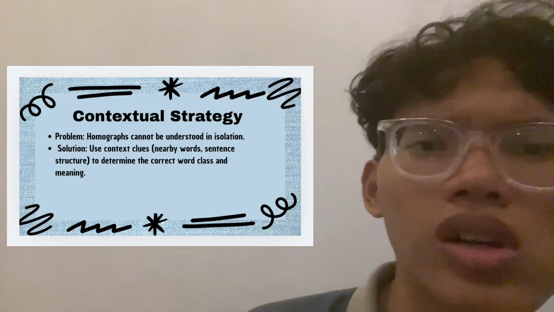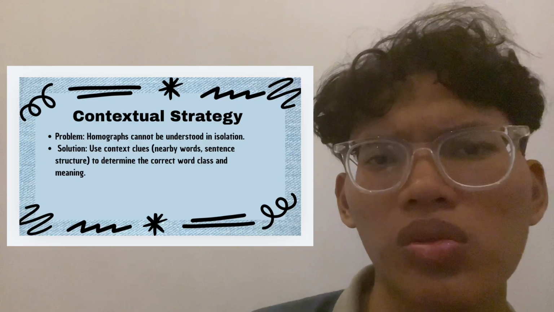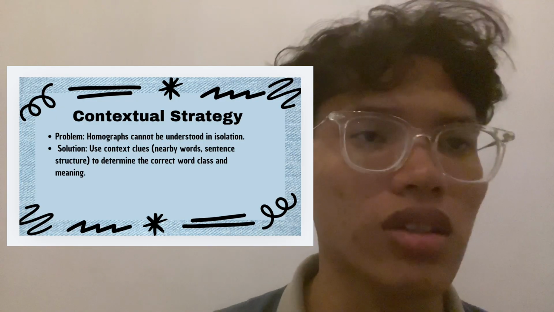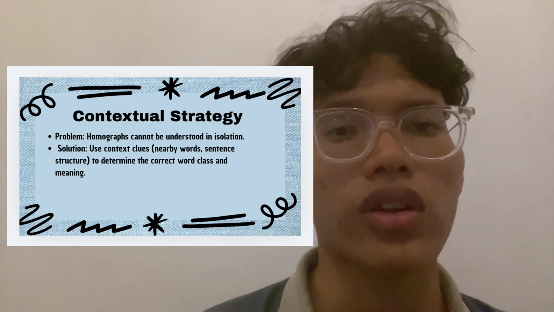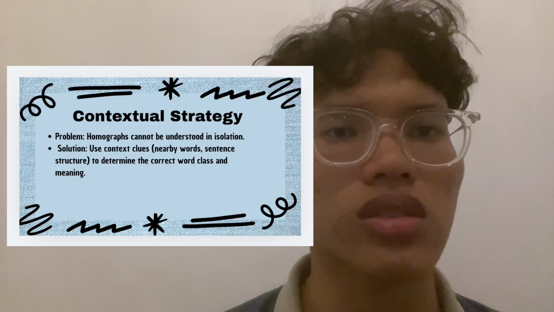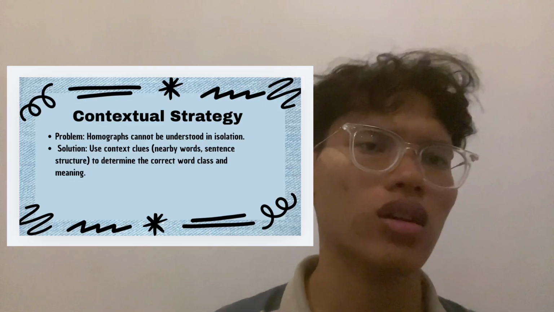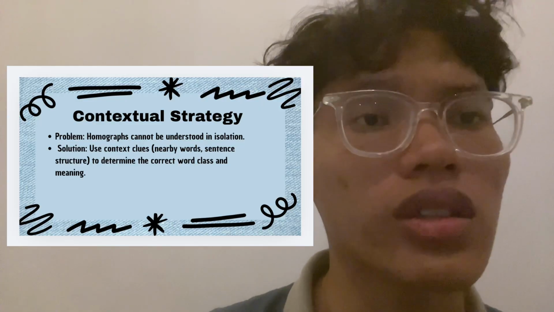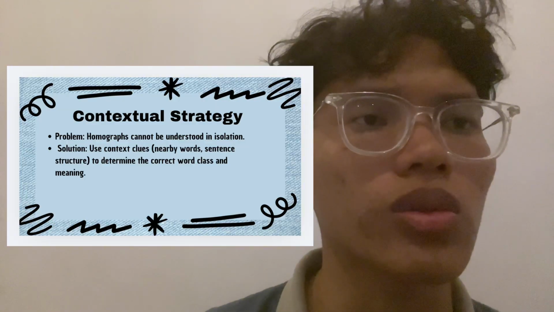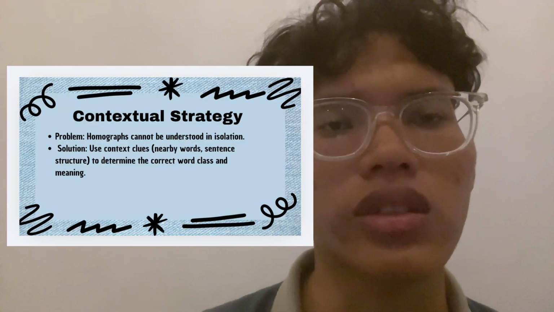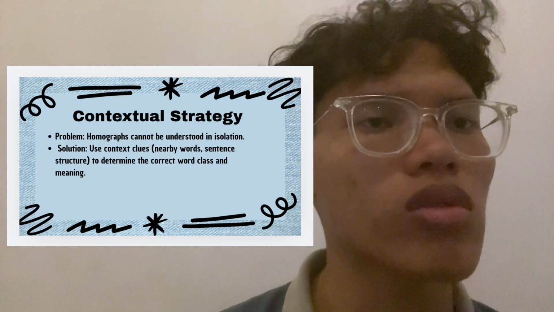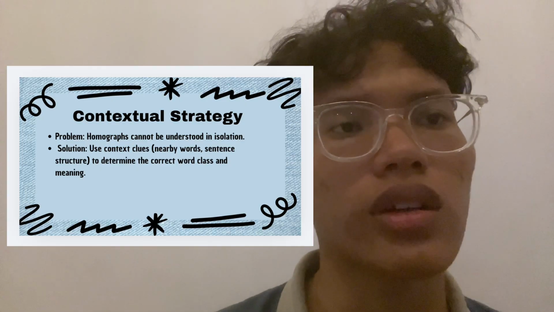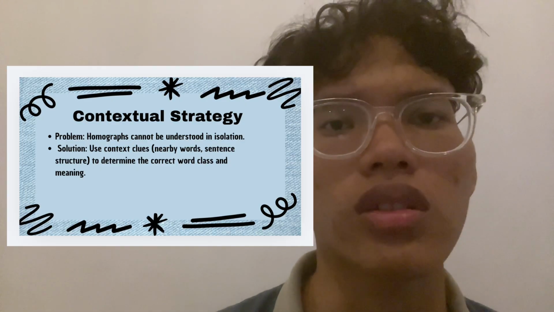Strategy: context clues. So how do we master this? Homographs cannot be understood in isolation. You have to use context clues. Think of it like being a detective. When you see a word like desert or live, you don't just look at the word, you look at the clues around it.